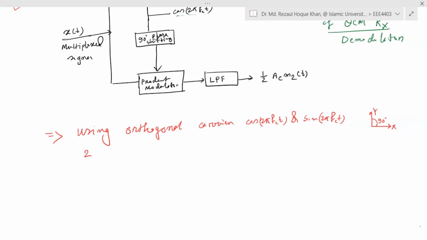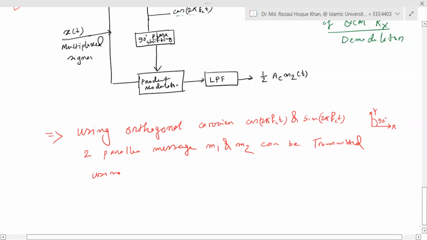So two parallel messages, M1 and M2, can be transmitted using the same channel.